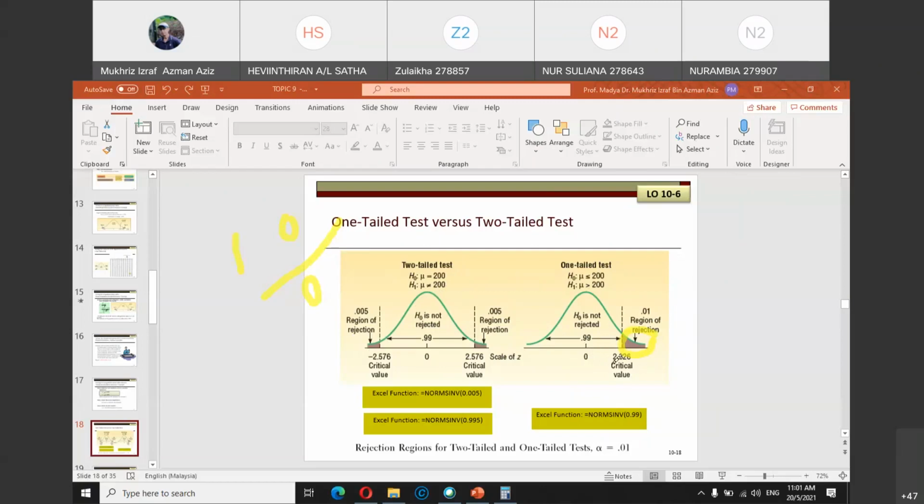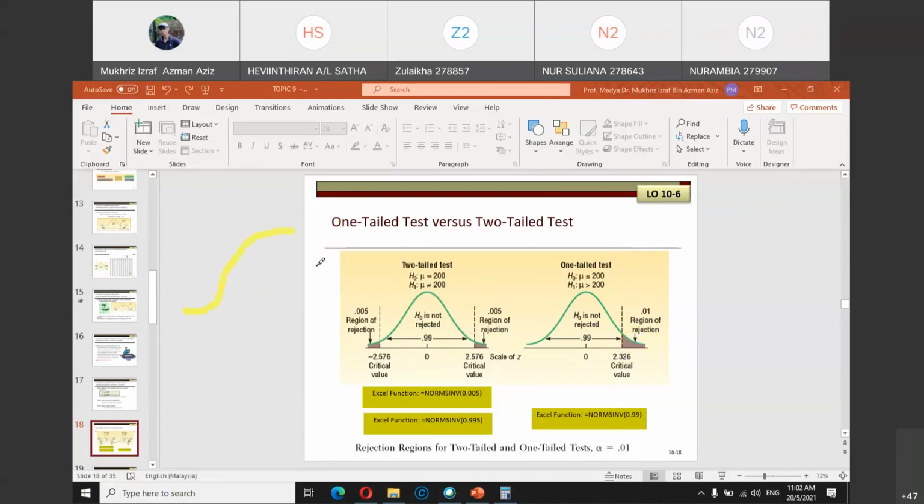So how do you determine this to be 2.326? If you go back to your previous chapter on confidence interval, or even the beginning of the Z distribution, we know that the Z distribution is symmetric, correct? So the area on the left should be the same as the area on the right side.